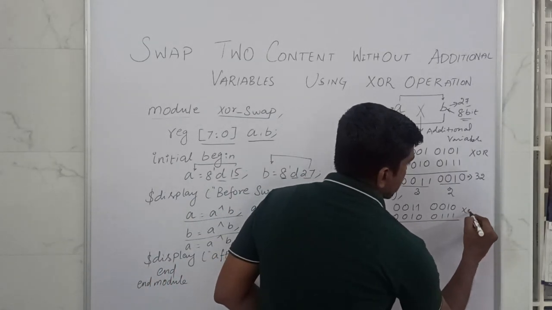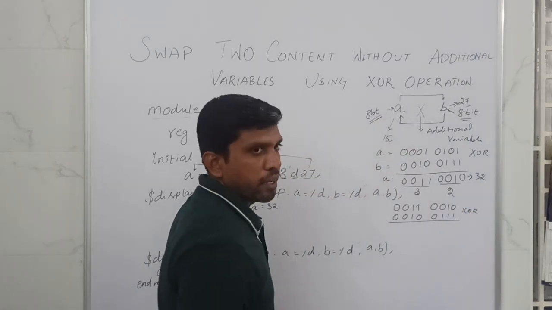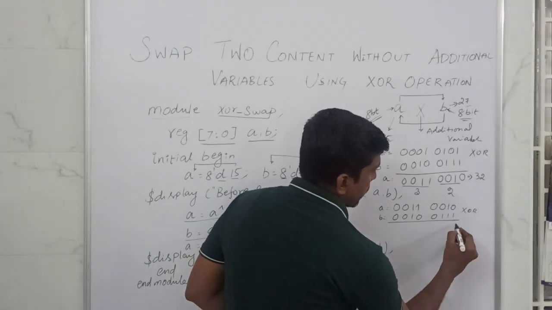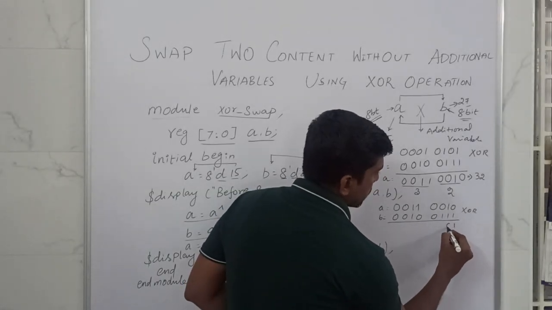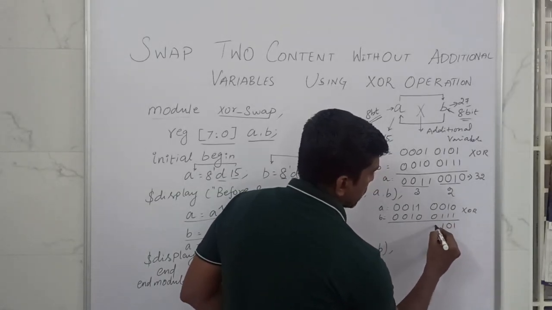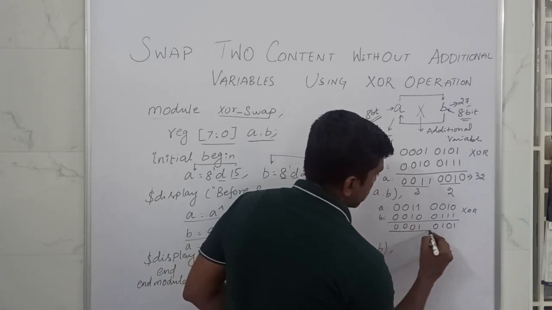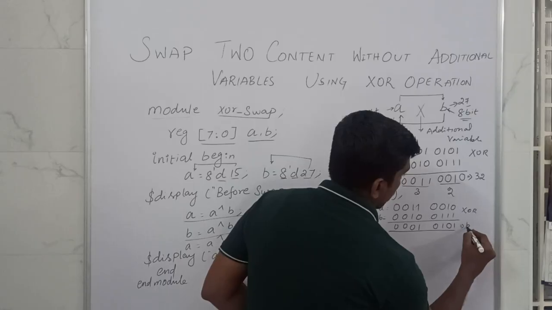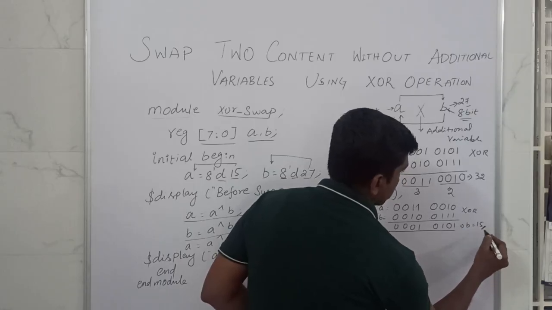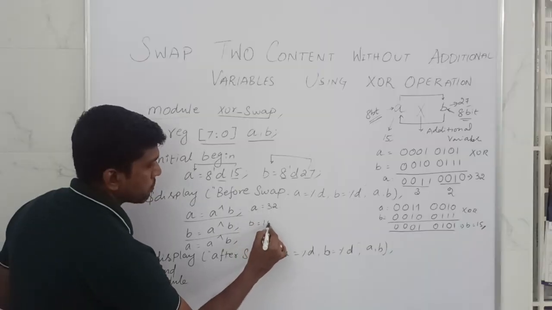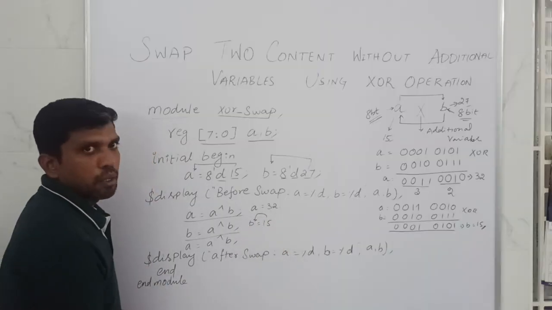Again you do the XOR operation between these two variables A and B. Now the B value is 15. After execution of this instruction, 15 is assigned to B.